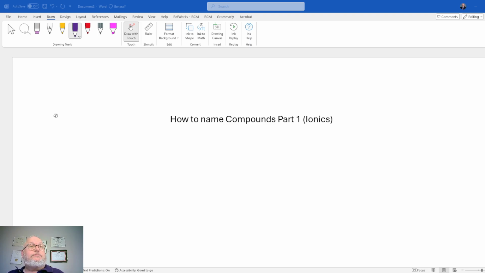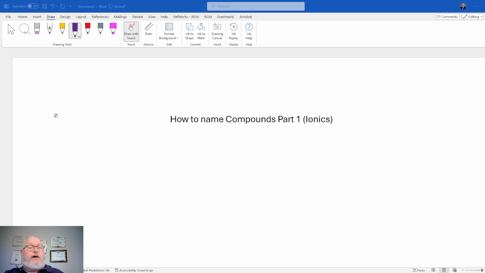Well, first of all, we need to determine if it's ionic or covalent. So how do we tell if it's ionic? If it has a polyatomic ion, which you have a list of on the back of your periodic table that I gave you, like chromate, dichromate, nitrite, sulfate, one of those.